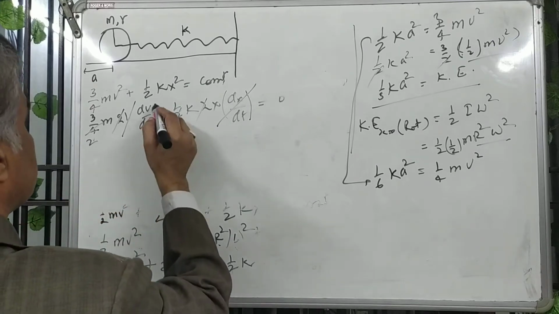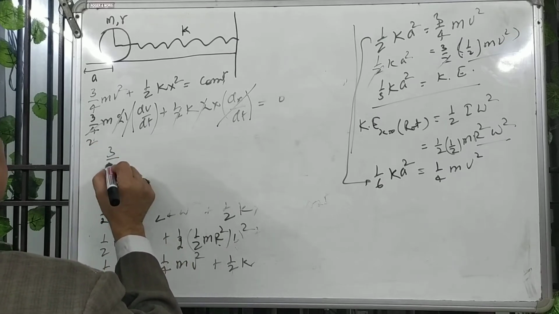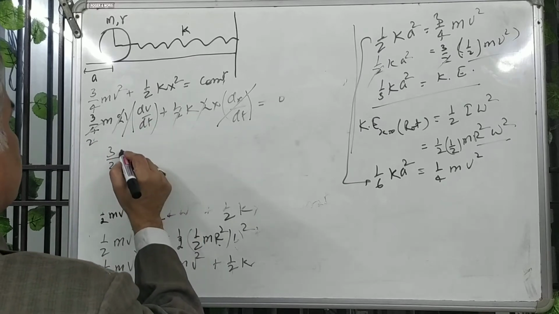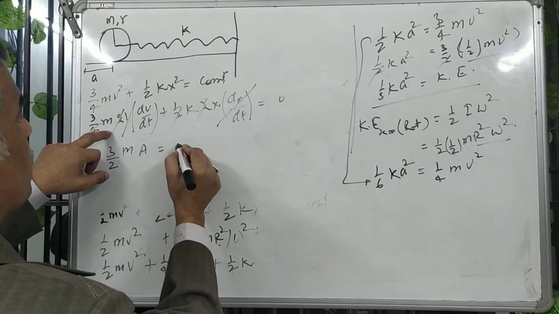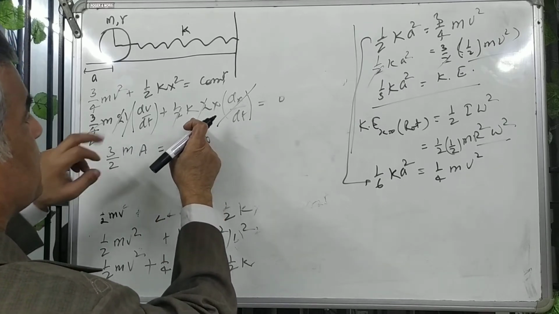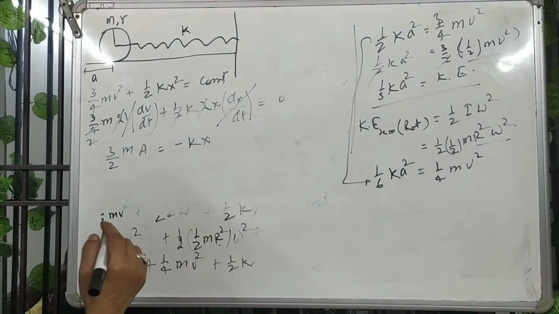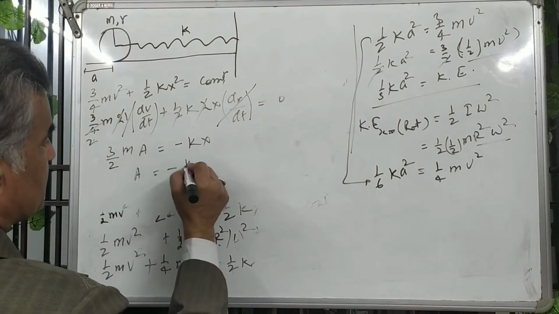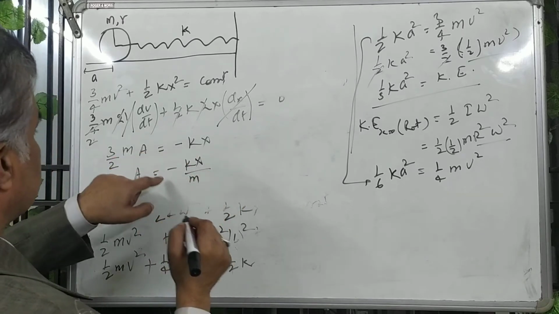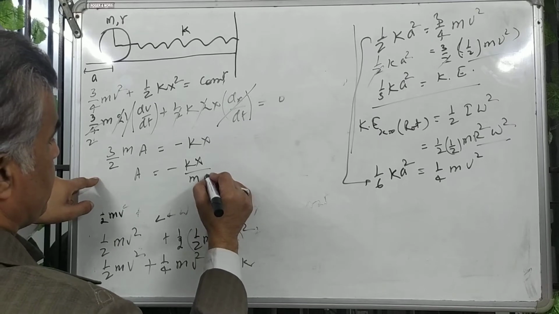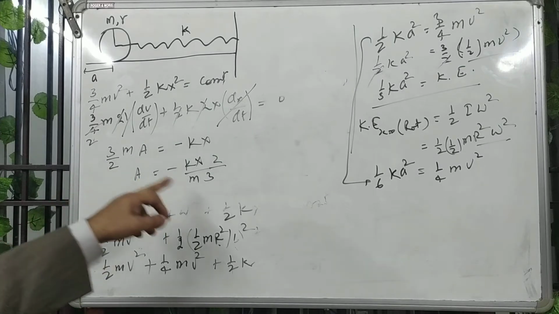So you are finding this is the acceleration. So 3 by 2 m, and acceleration equals minus kx. This is the k and this is x, right side transferred. And so acceleration a equals minus kx upon 3m by 2, that is 2kx upon 3m.